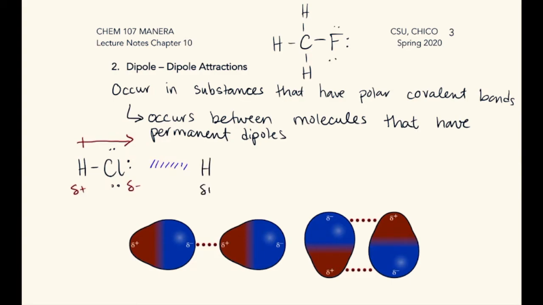Hydrogen still has a partial positive. It's bonded to its own chlorine, which has a partial negative. And we have a force of attraction between them that is stronger because it's not temporary. The chlorine is permanently partial negative, and the hydrogen is permanently partial positive. So this force is going to be stronger than the London dispersion forces.